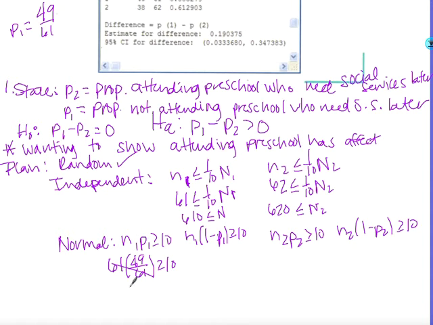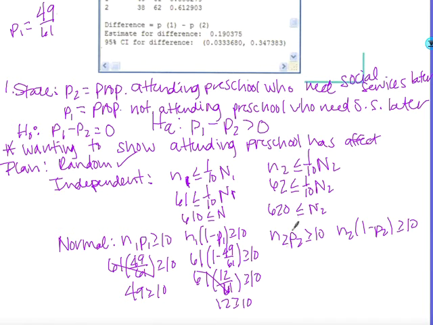Of course, those would cancel, so you'd have 49 greater than or equal to 10. Here you would have 61 times 1 minus 49 over 61. So that would be 61 times 12 over 61, which is going to give you 12. For N2, you would use 62.